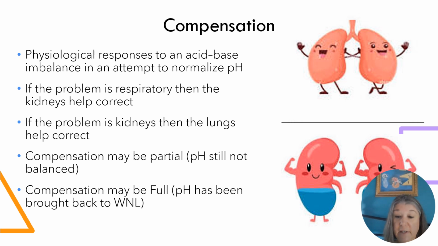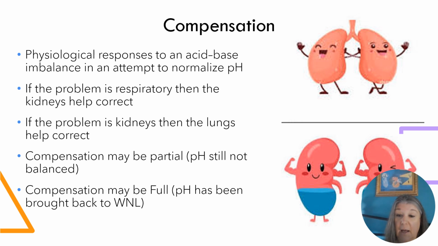So compensation. All this means is I've got the respiratory system working on my acid, which is my CO2. I've got my kidneys working on my bicarb, my base. Everything's keeping itself in check. What happens when stuff gets out of whack?